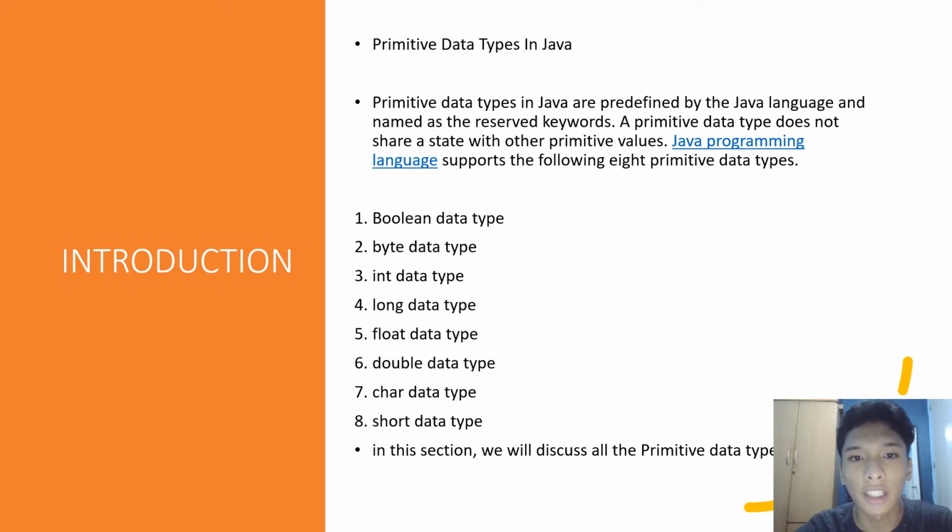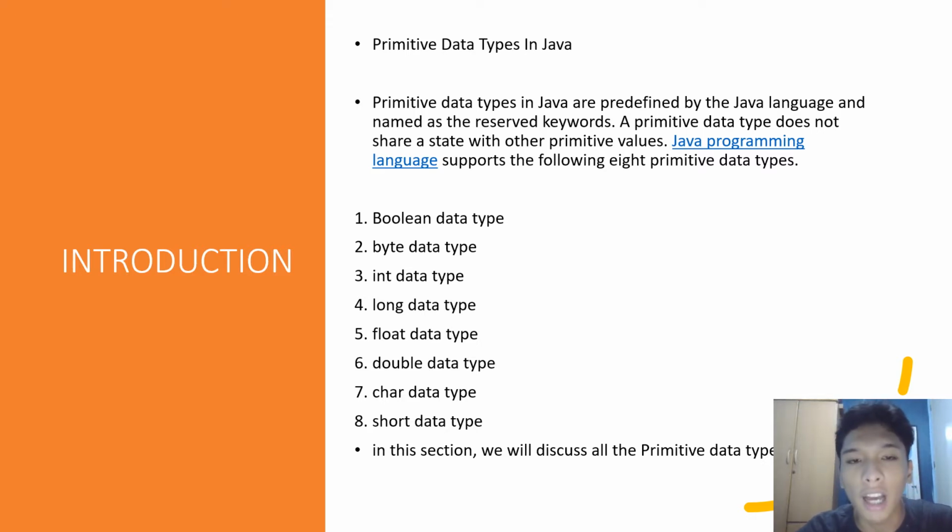Primitive data types in Java are predefined by the Java language and named as the reserved keywords. A primitive data type does not share a state with other primitive values.